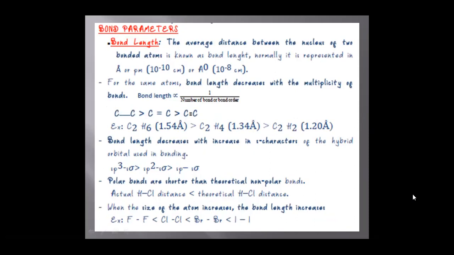For example, ethane has 1.54 angstrom, ethene has 1.34 angstrom, and ethyne has 1.20 angstrom. Bond length decreases with increase in s character of the hybrid orbital used in bonding. Polar bonds are shorter than theoretical non-polar bonds.